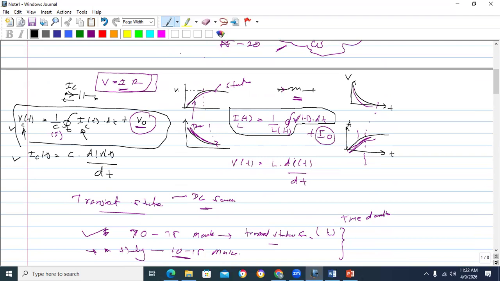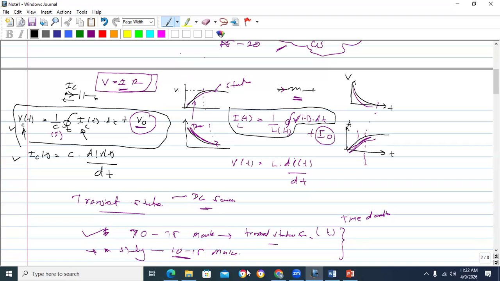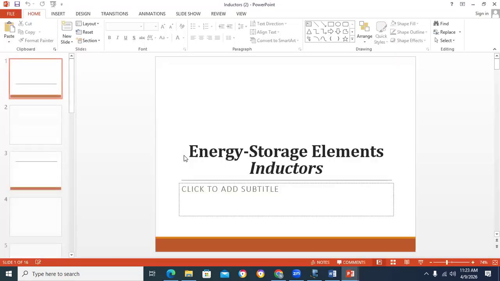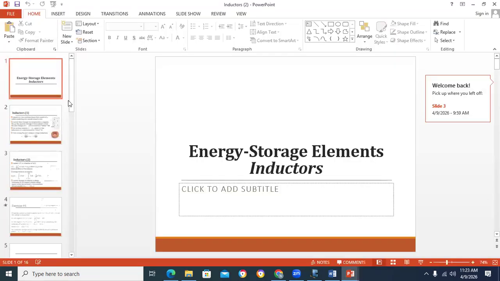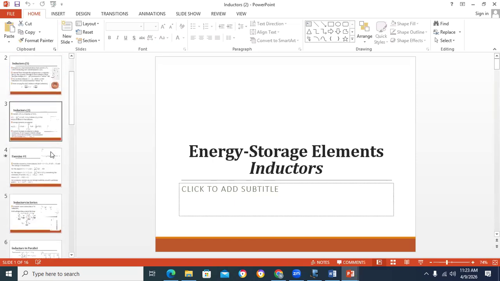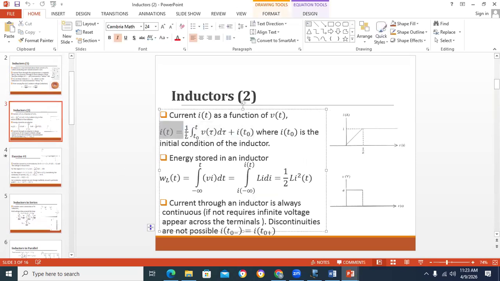Those are given in the note also. So you can see that this is the current. This is the equation I have written out.